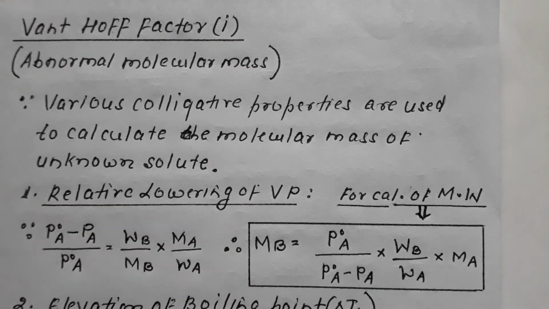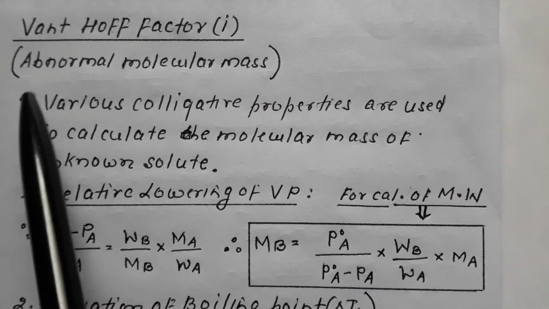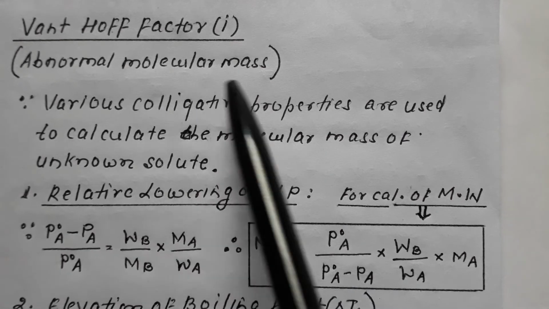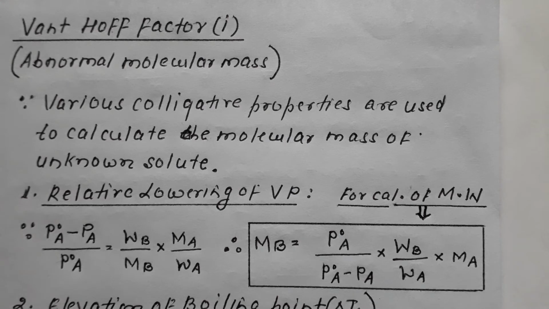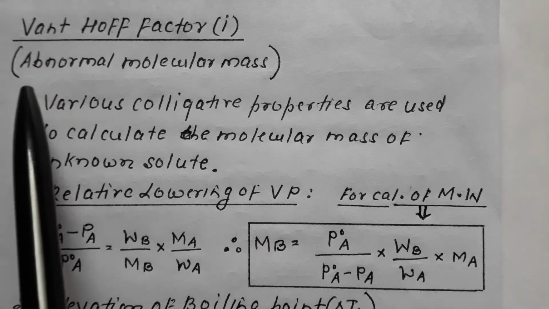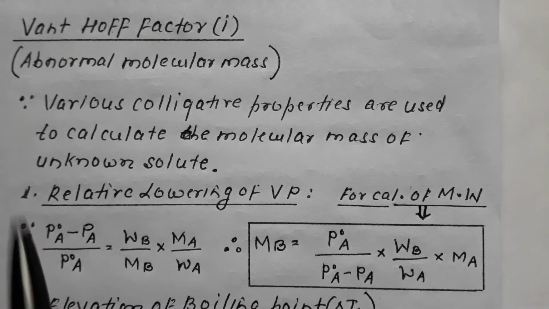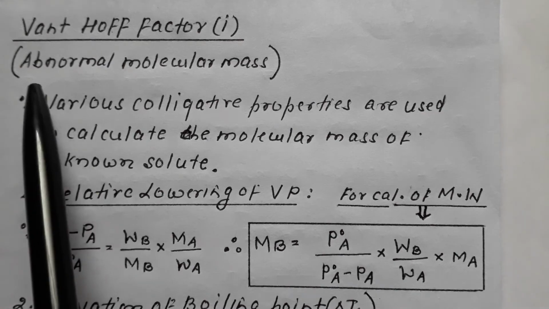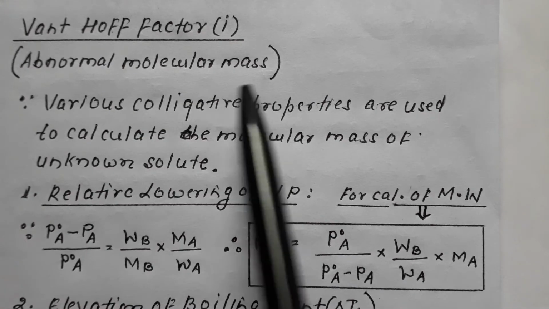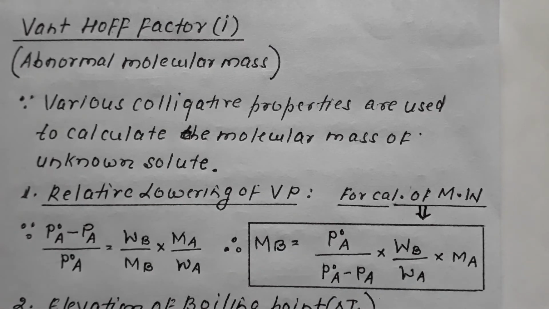So this Van 't Hoff factor deals with why the calculated molecular mass comes to be abnormal and how that abnormality can be removed so that we get the normal molecular mass.